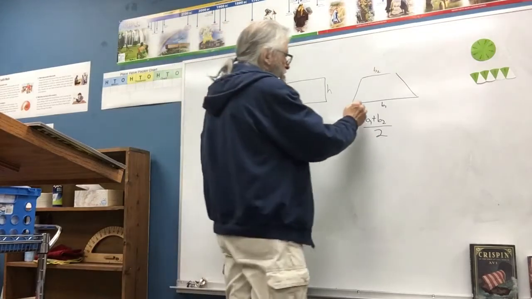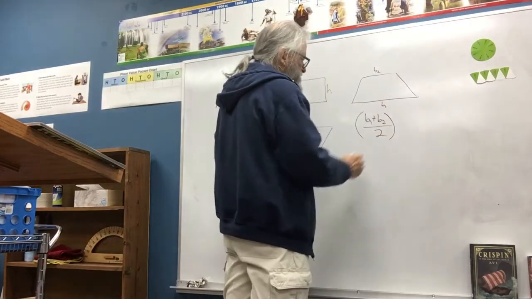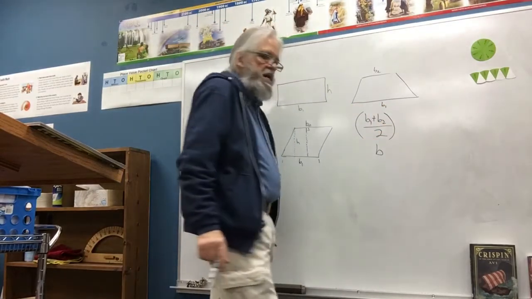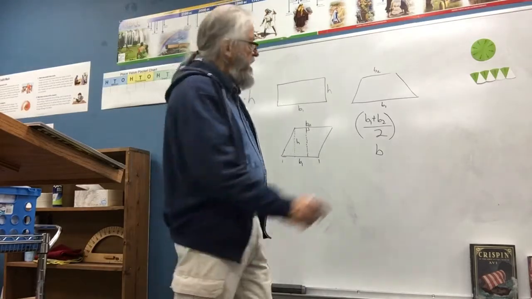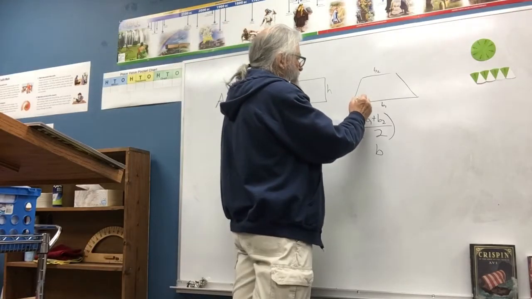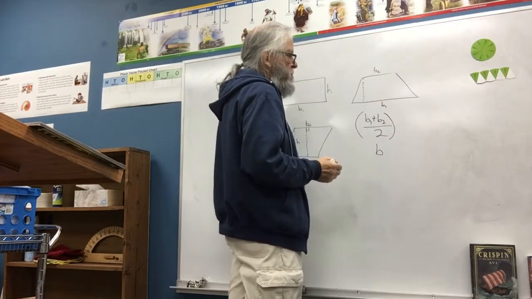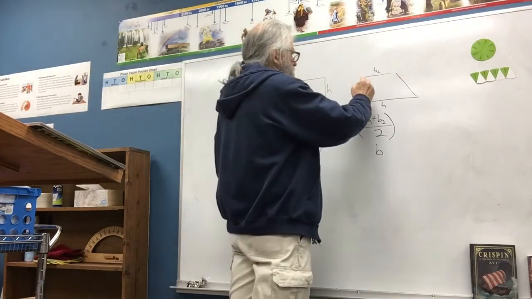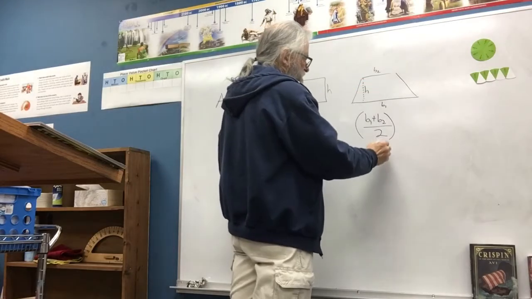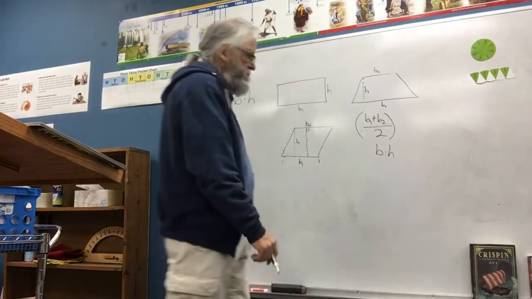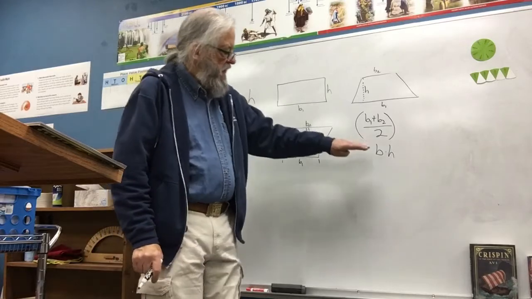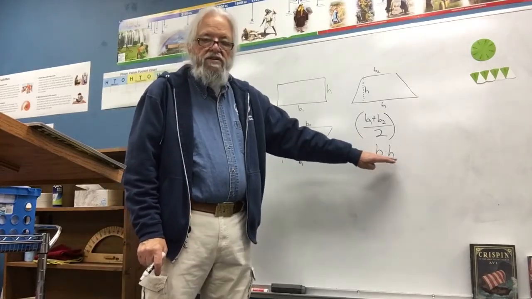So this right here, altogether, actually winds up being the base. Okay? And then the height, again, has to be this perpendicular line to the base. That's your height. So it's still base times height. It's just that it's average base times the height.